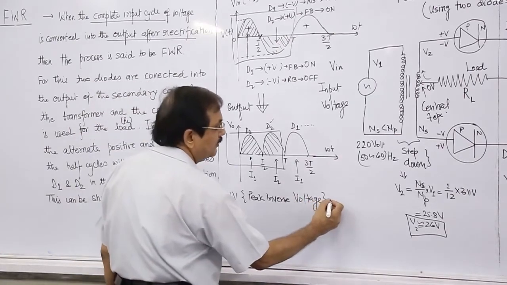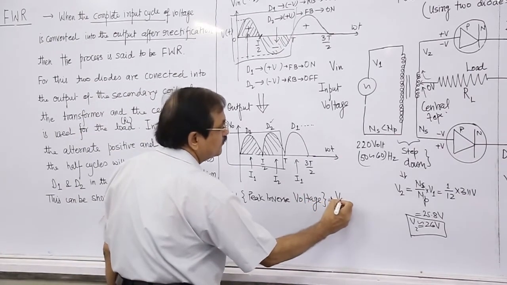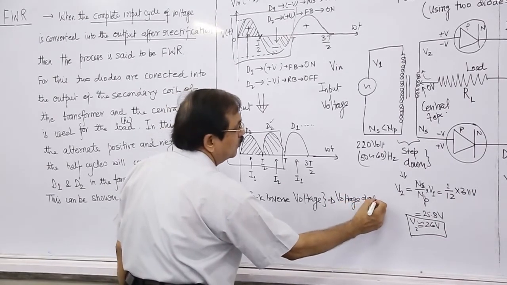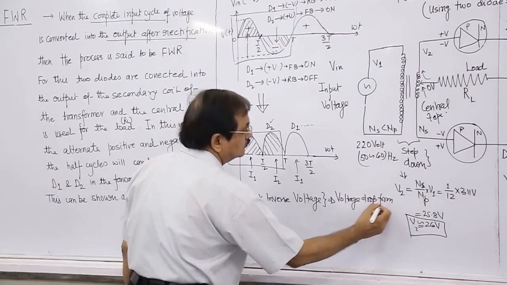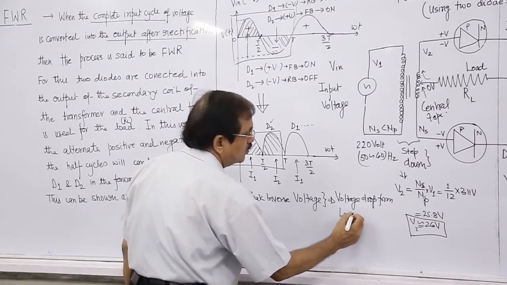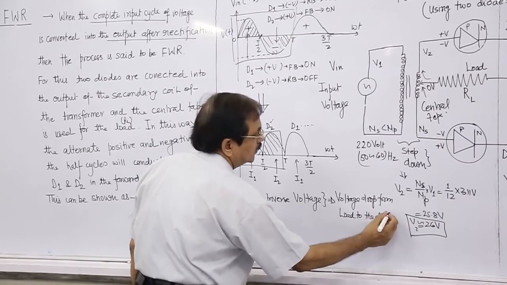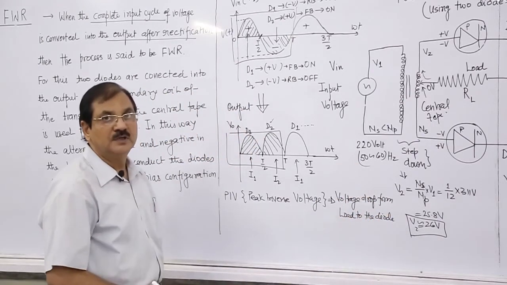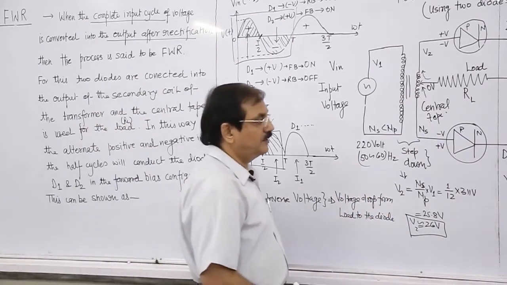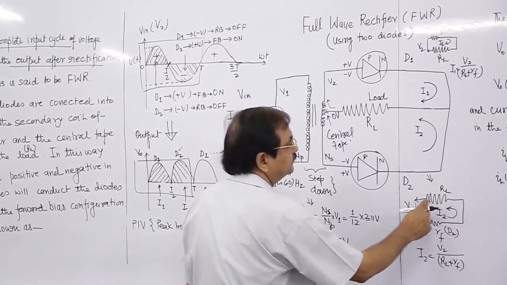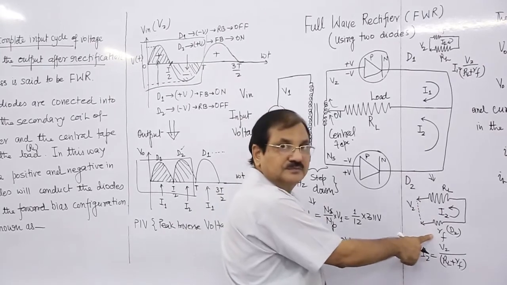What is PIV? Voltage drop from load to the diode. Suppose this is the load and this is the diode.